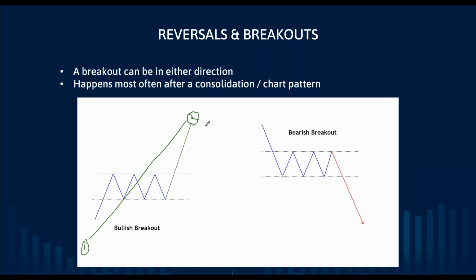Prices generally move in a zigzag manner, and every time there's a zigzag, it's when we see a consolidation. After a consolidation, we tend to see a breakout. So if price starts at point 1, goes to point 2, and moves in a zigzag manner, we can see on the microstructure of the market that there tends to be a breakout.